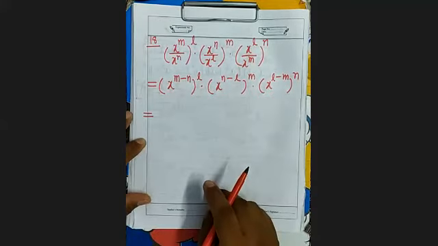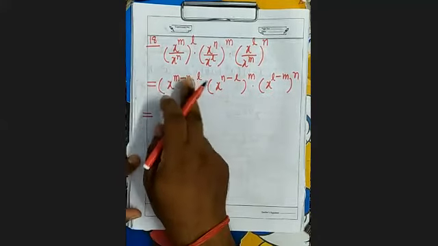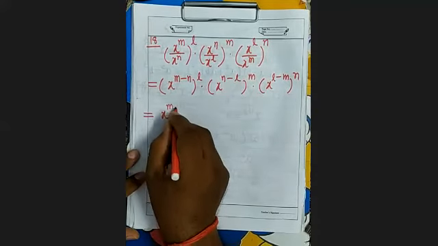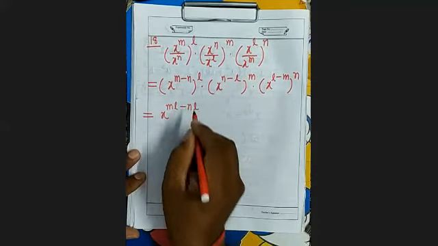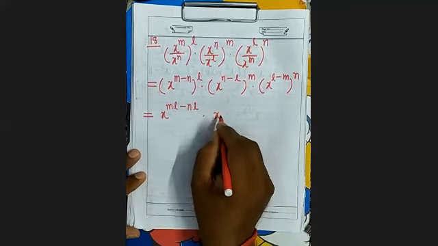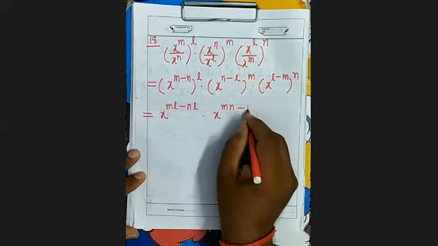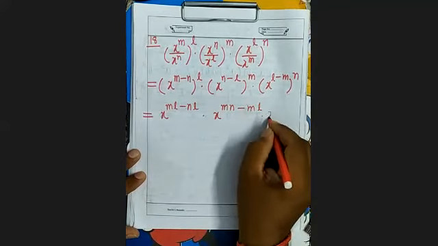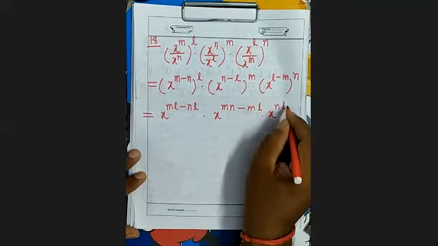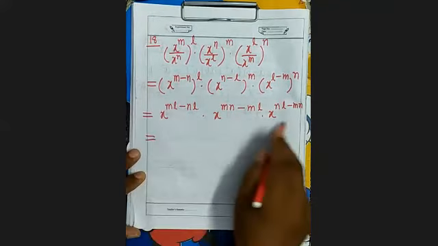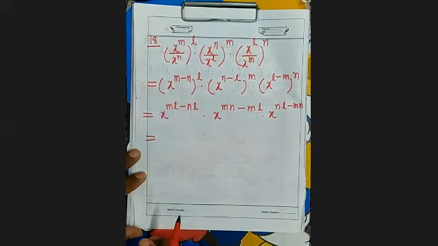Now the power rule will apply, which means powers will multiply. So I am writing directly: x to the power ml minus nl, into x to the power mn minus ml, into x to the power nl minus mn. Now you can see all the bases are the same and every term is in a product.